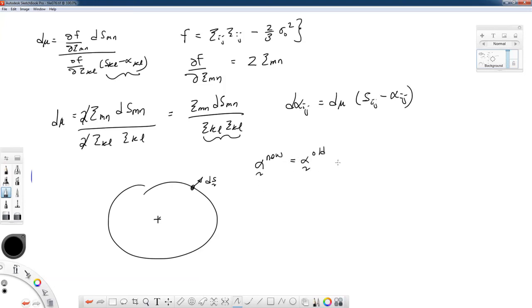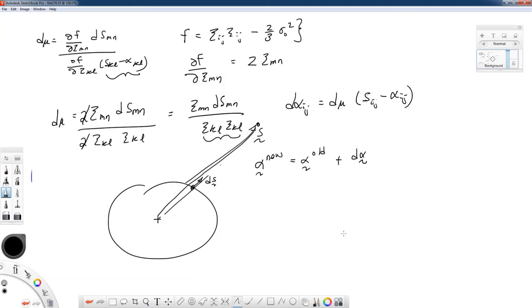Alpha new is equal to alpha old plus d alpha. And we keep doing that until we finally get to where we want to be, the end point of our stress change. Again, in this case, in deviatoric stress space.